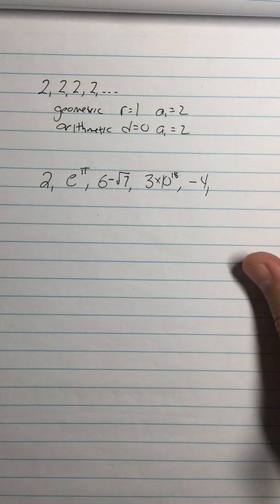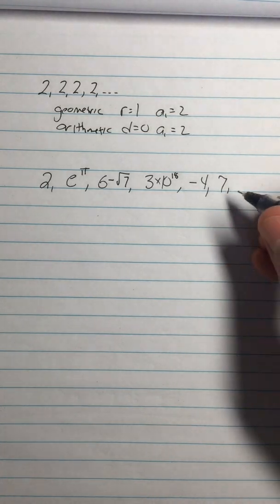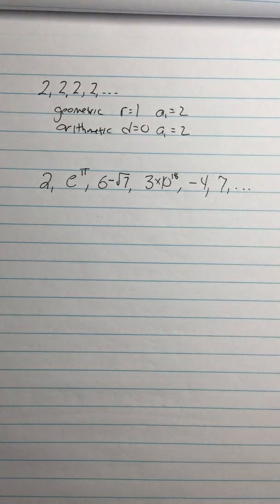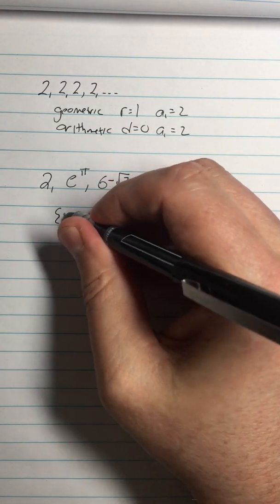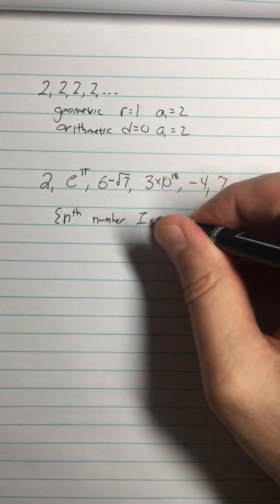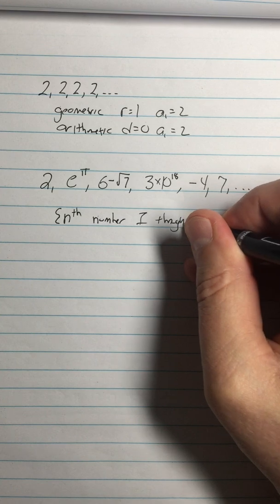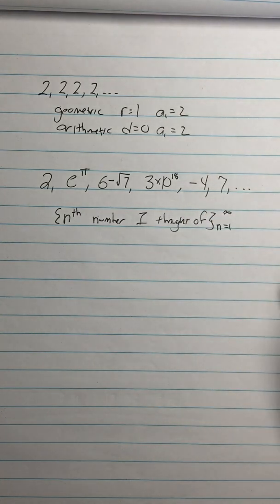What's the next number? The next number was 7. How did you know that? These are just the numbers that popped into my head. So this sequence is the nth number that I thought of. What that illustrates is that a sequence does not have to have a rule.